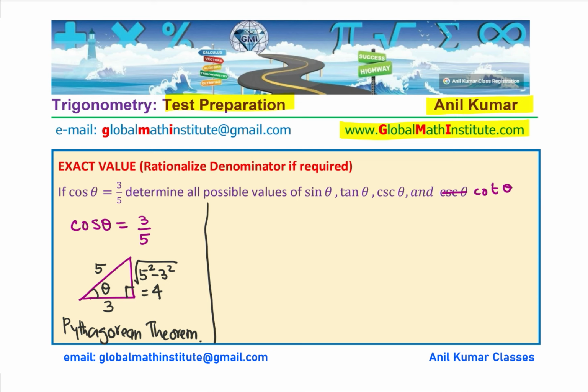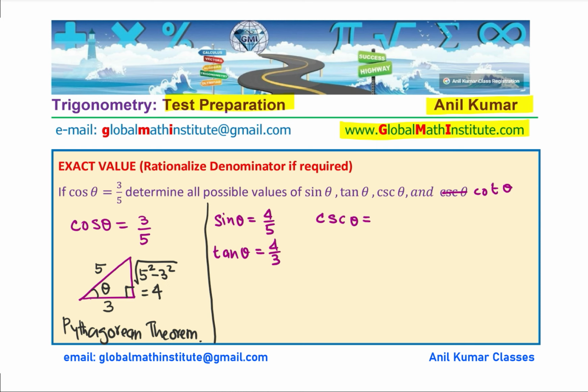So you can say now very clearly that sin theta is 4 over 5, and tan theta is 4 over 3. And their reciprocals are very simple. You can get them all, since the sine reciprocal is cosecant. It's good to write it here itself.